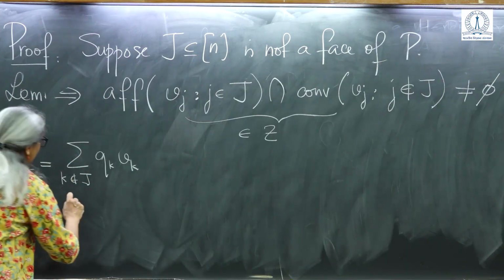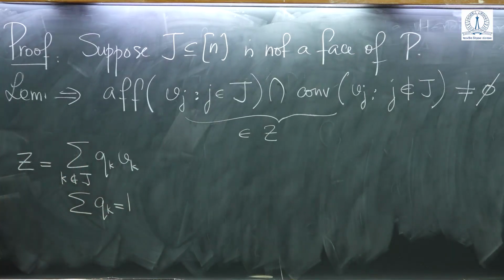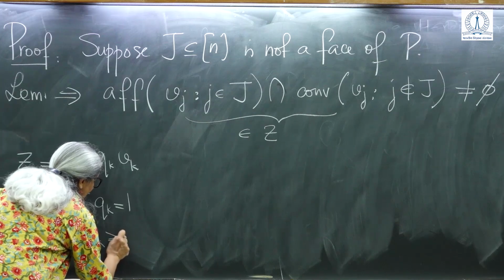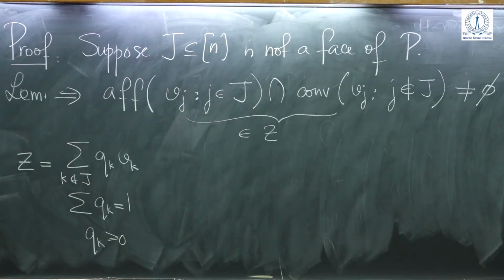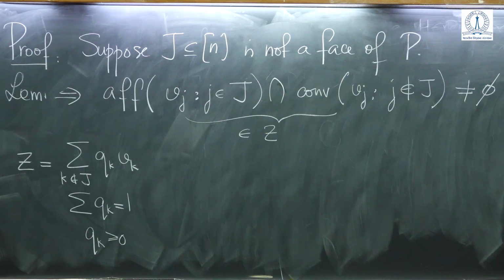And then this is a convex combination, so I must also have the sum of the QKs is 1, and I must also have QK greater or equal to 0. All right, so I'm expressing that Z is in the convex hull of the Vj's where j is not in J. So this is the way I can write Z. QKs are multipliers.